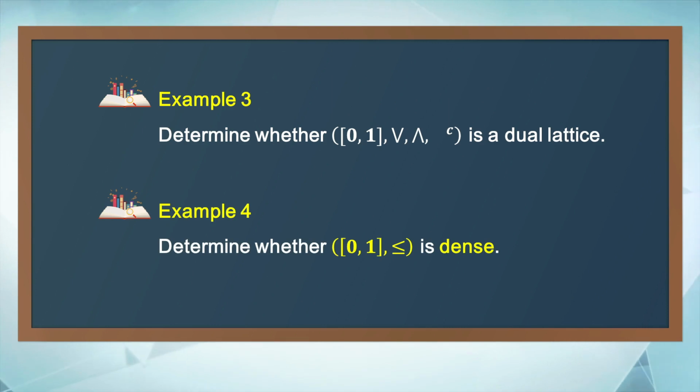A lattice is called dense if for all elements a, b in L, a less than b, there exists an element c in L such that a is less than c, less than b. Is H a dense lattice? Yes, the lattice is a dense lattice because of the density of the real numbers.